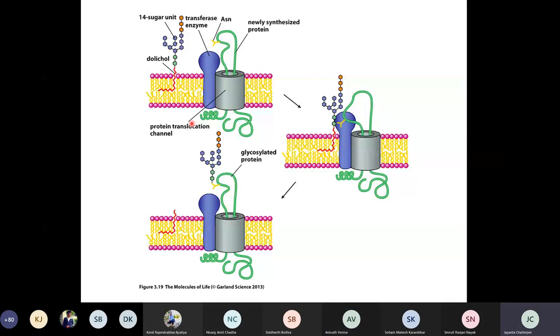So O-linked glycosylation. If I am not wrong, I think it takes place in the Golgi bodies. Please check it, I may be wrong here. This one is in the endoplasmic reticulum. It's a different compartment. And of course, you don't have large oligosaccharide units, you have monomers.